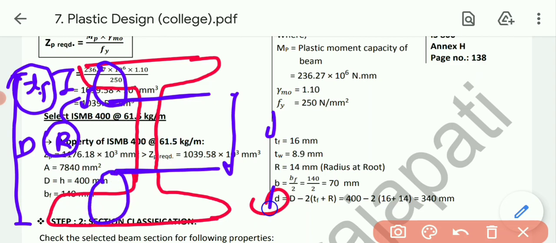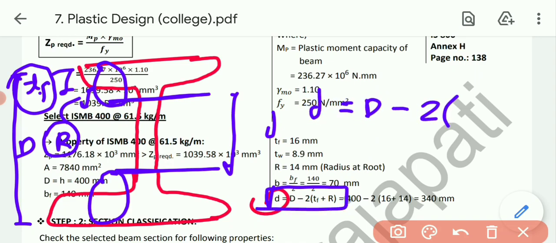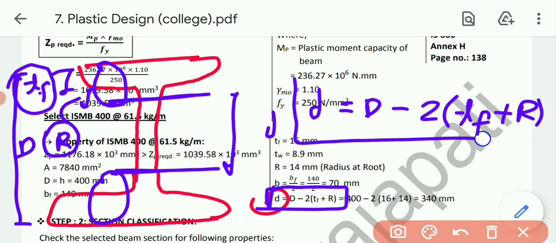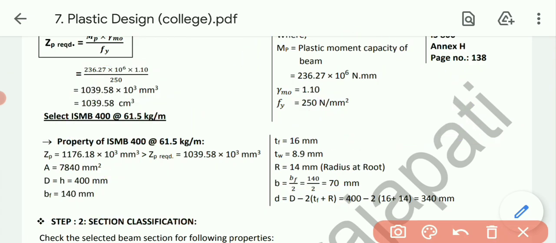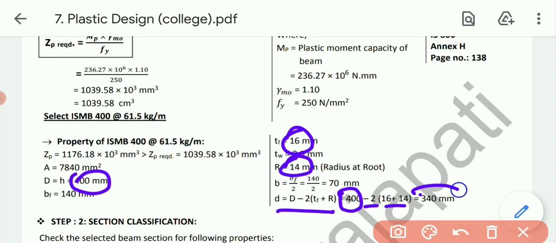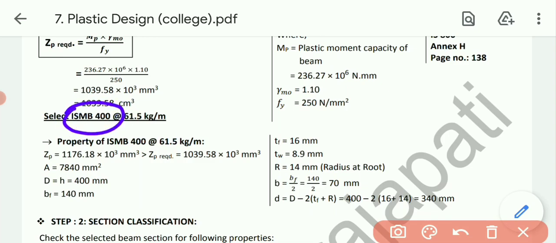So our formula will be small d equals capital D minus 2 times TF plus R. Capital D is 400, minus 2 times TF, that is 16, plus R, that is 14. By solving this we get small d, that is 340. Clear? So we got all the properties of ISMB 400.